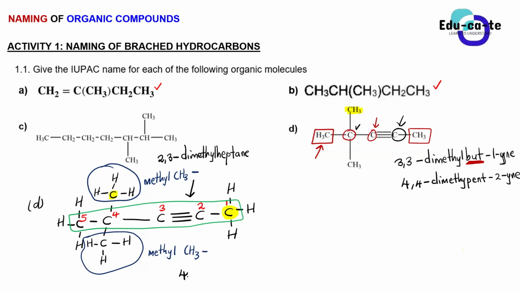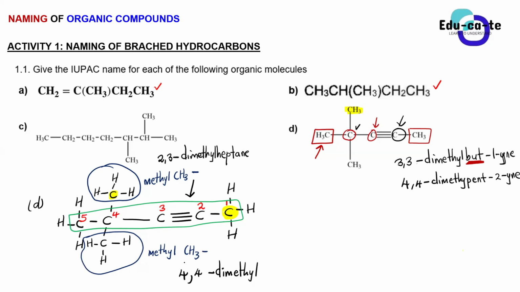So you have to indicate carbon number 4 and also carbon number 4; you should not just write 4 alone. The 4,4 signifies that we have 2 of these methyl groups. You still write the dimethyl, but the 4,4 tells you that we have 2 of this group, dimethyl.